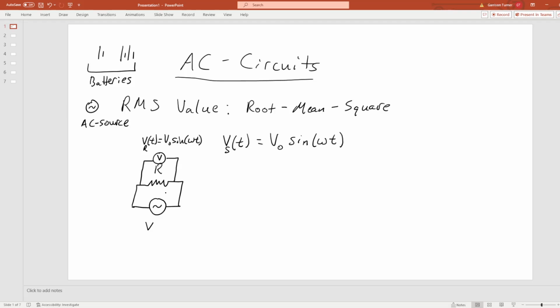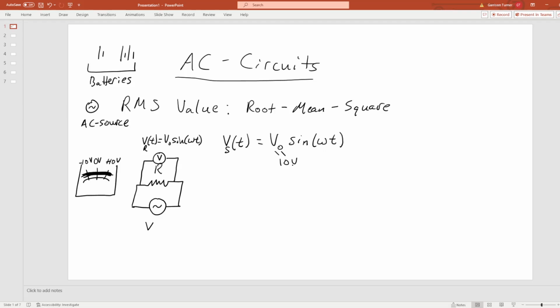If I have an analog voltmeter, and a scale of voltage, this would be 0 volts, maybe this would be plus 10 volts, this would be minus 10 volts, and I would have a needle that would just go back and forth. If the amplitude here were indeed 10 volts, then my needle would go back and forth at whatever rate the angular frequency was.